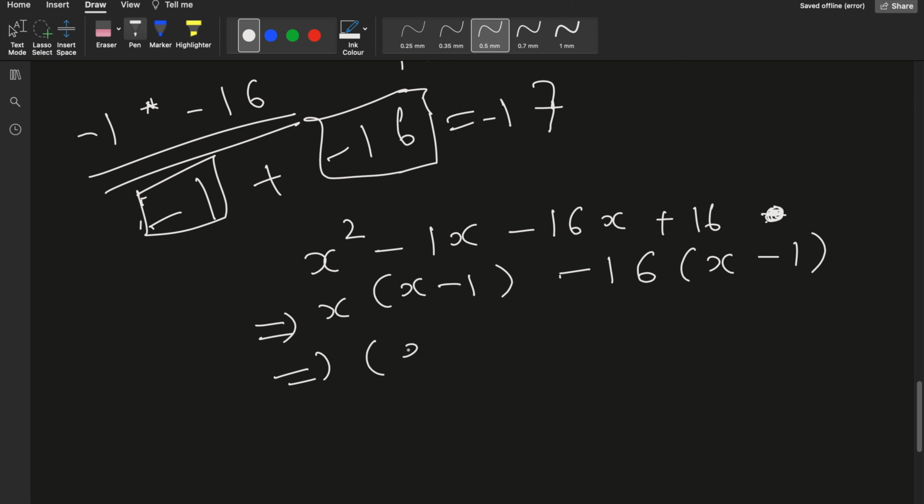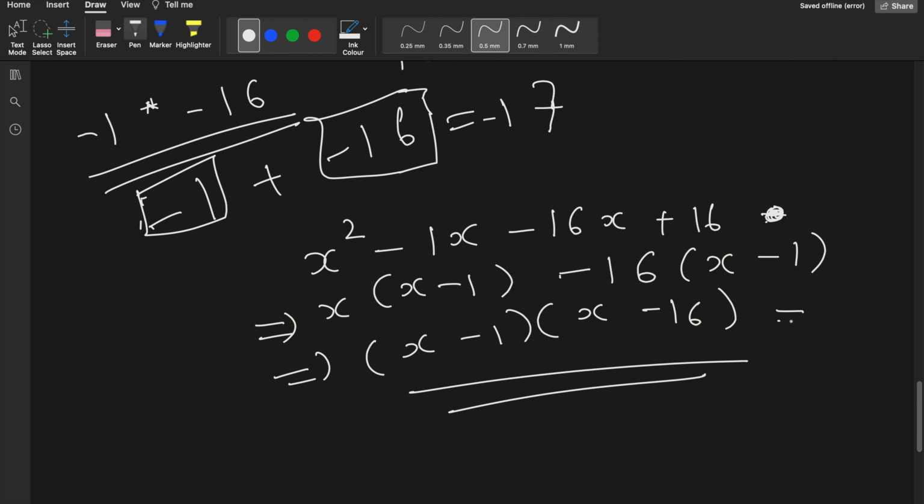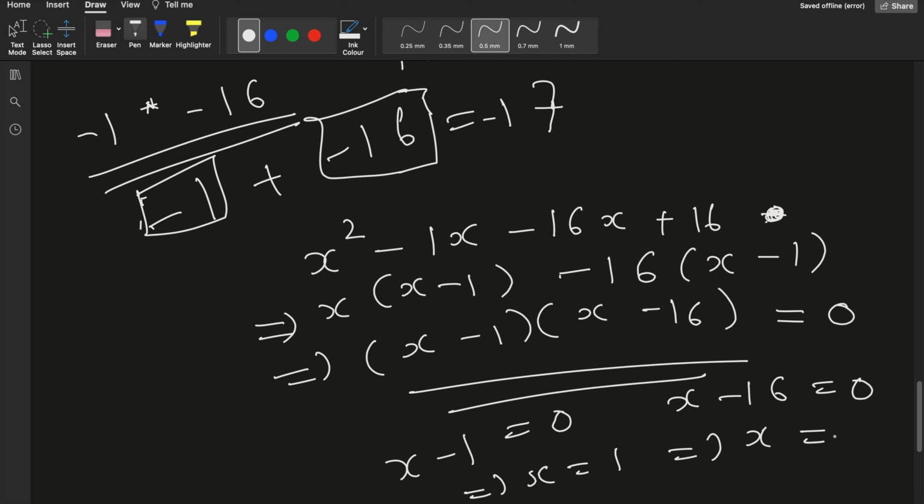This implies x minus 1 into x minus 16. So we have factored this. Imagine this was equal to 0. If you wanted to find the roots of the equation, we just write x minus 1 equals 0, implies x equals 1. Similarly, x minus 16 equals 0, implies x equals 16. This is how we find the roots.